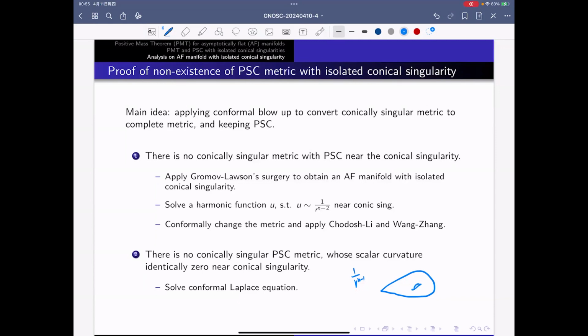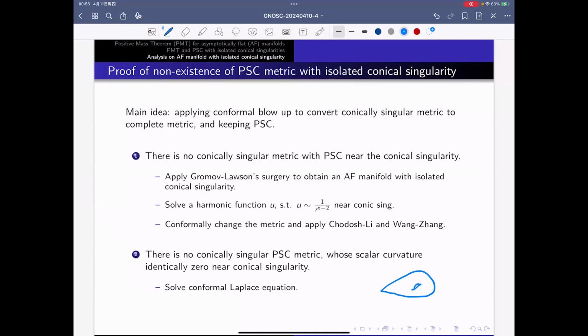So before we do blow up, we need to use Gromov-Lawson's surgery to get a non-compact manifold with conic singularity. In particular, we can get an asymptotically flat manifold with conic singularity.